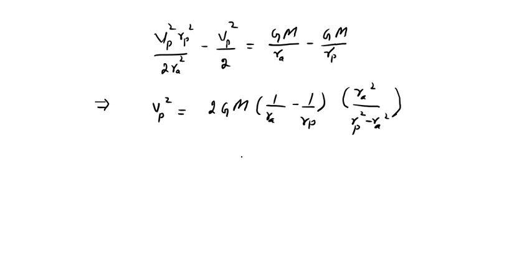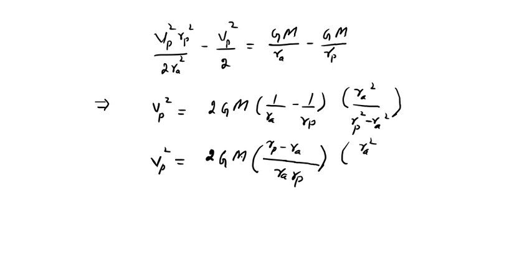Now we want to make it simpler, so we can say 2GM into, taking the LCM of this, Rp minus Ra over Ra Rp, and Ra squared divided by (Rp minus Ra) into (Rp plus Ra), using the formula a squared minus b squared. Here one term cancels out with another.